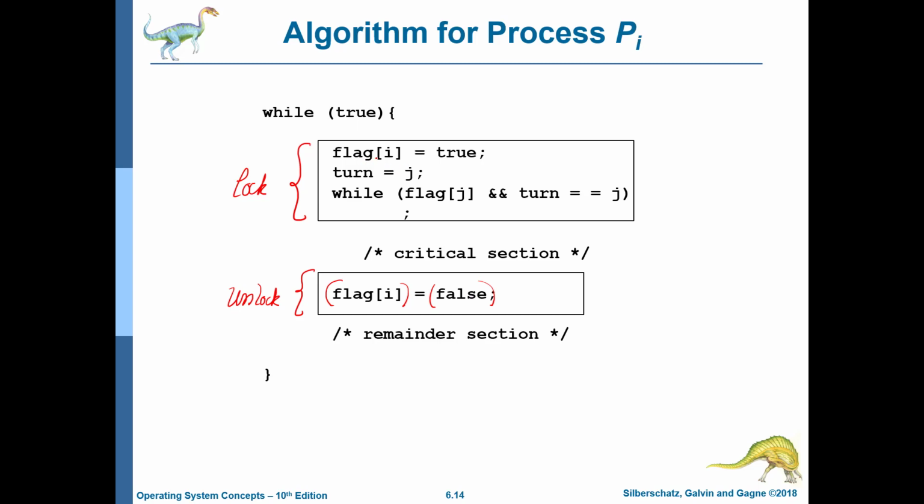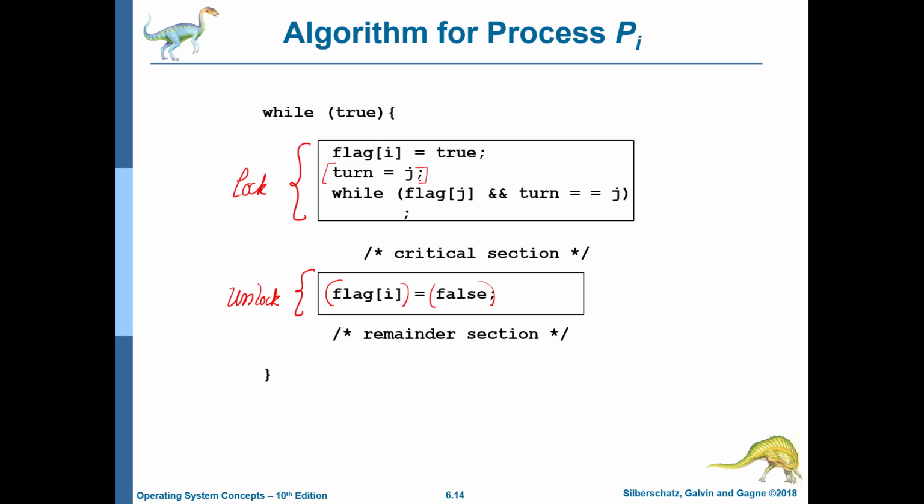So the first line of the lock function is saying flag[i] is equal to true, which is essentially saying that I am process i and I am interested. Then it says, however, since I am a good process, I will allow process j to execute. As I said, this is an altruistic algorithm, and almost all such algorithms are altruistic when you want to help the other process.